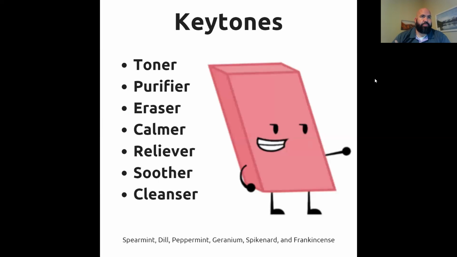They're the ones that are going to help clean receptor sites of cells a lot of the time. So oils that are going to be high in this are things like spearmint, which I put on before I started talking to you guys, but also dill, peppermint, geranium, spikenard, and frankincense has a lot of ketones in it.